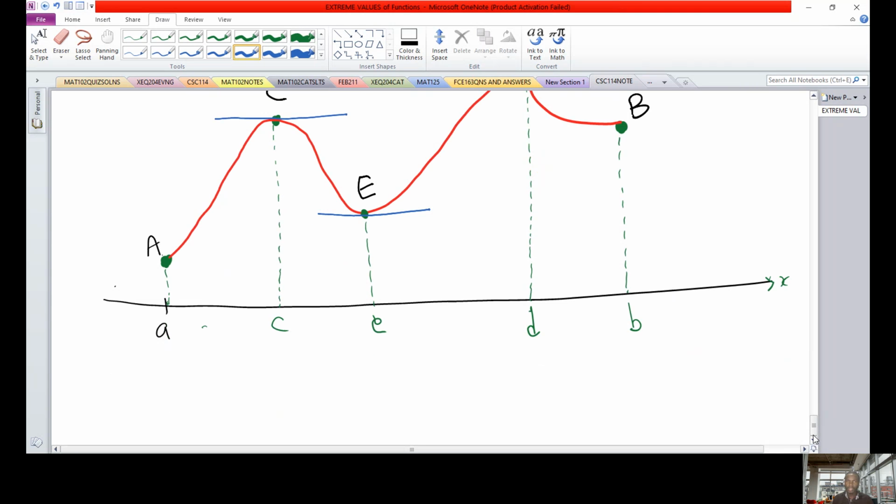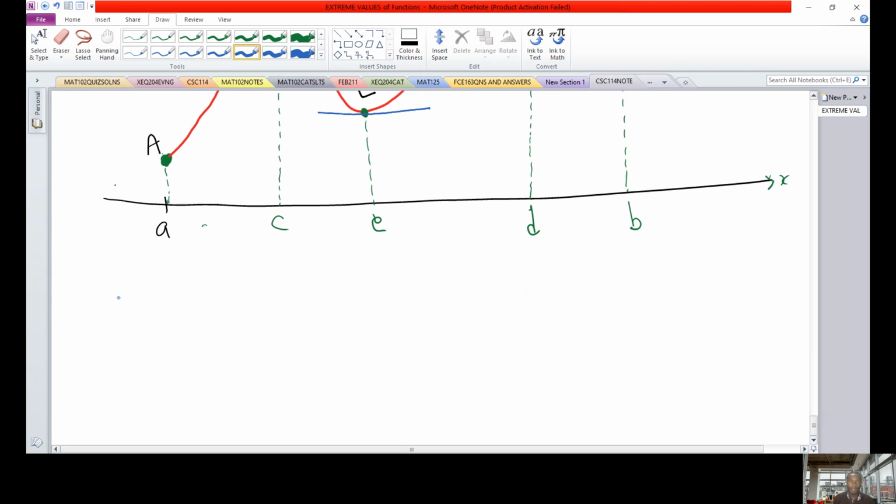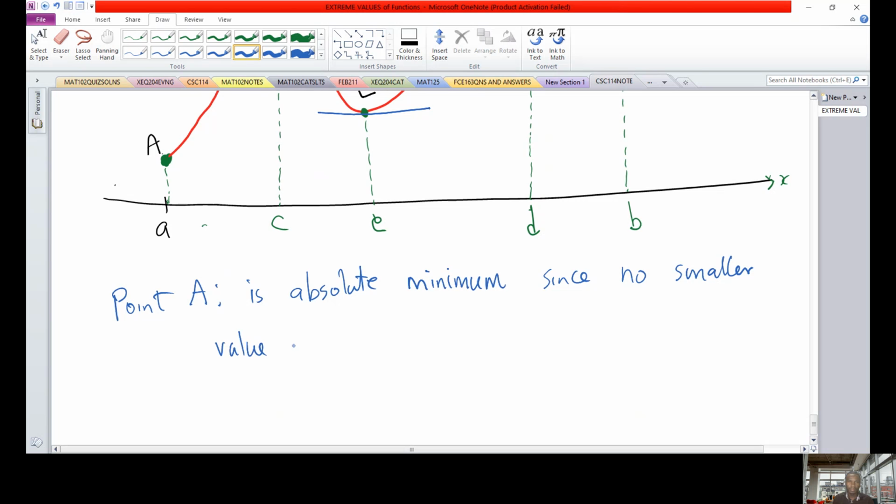So with those labeling, point A is an absolute minimum since no smaller value of f anywhere.